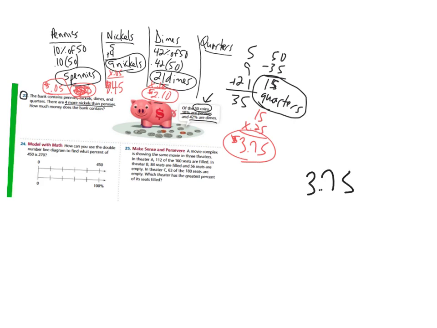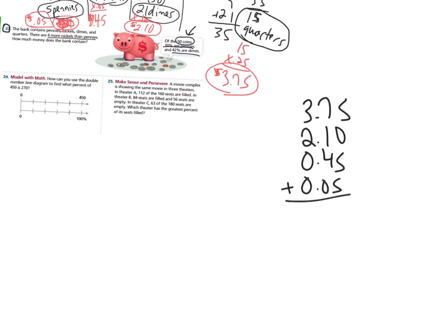I'm going to start with the $3.75, $2.10, 45 cents, and 5 cents. And if we add those together, that would be $6.35 total. So that is our answer for 23.